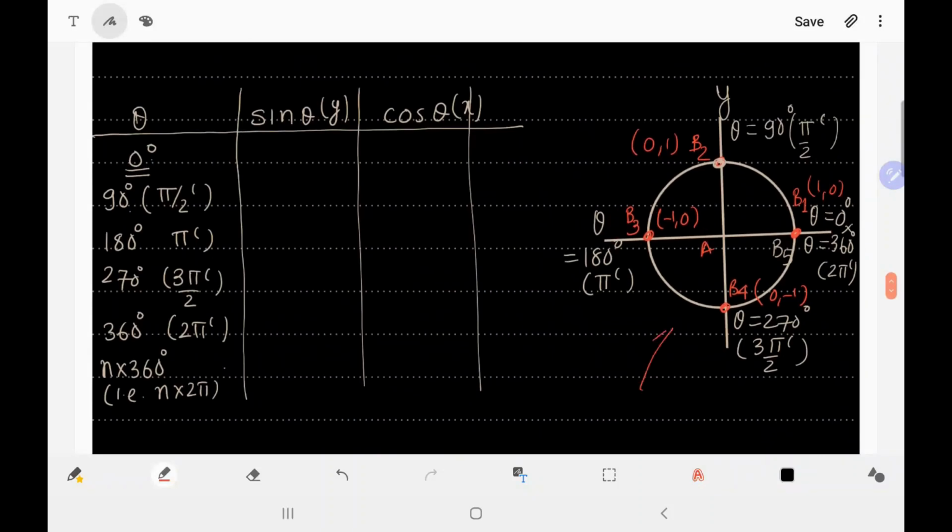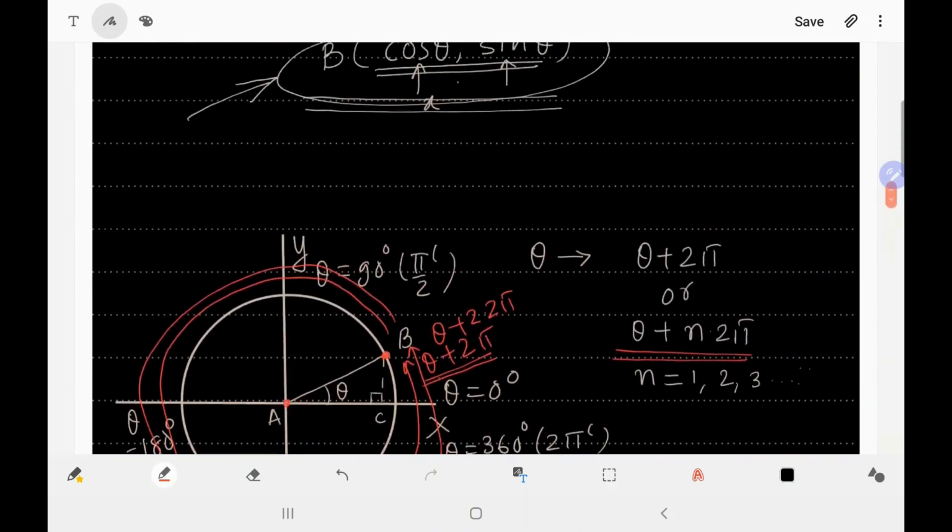Now in this picture over here, I have shown 5 distinct positions of point B. For example, when theta is equal to 0 degrees, that means in position B1, point B is lying on the x-axis and its coordinates can be given by 1, 0.